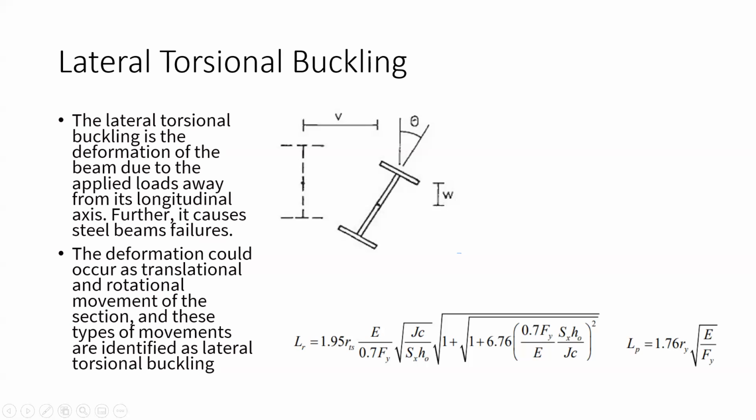So to solve for that, we have LR is equal to 1.95 RTS times E over 0.7 Fy times the square root of JC all over SXHO times the square root of 1 plus the square root of 1 plus 6.76 times 0.7 Fy SXHO over EJC squared.